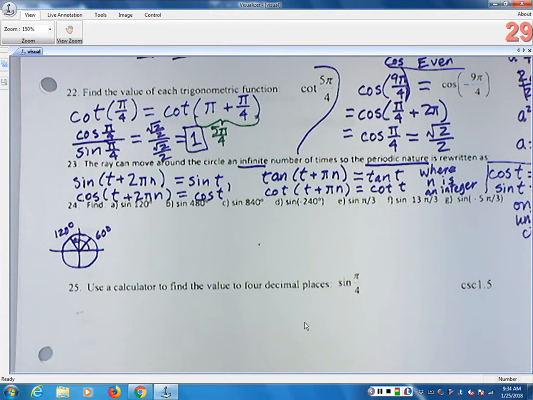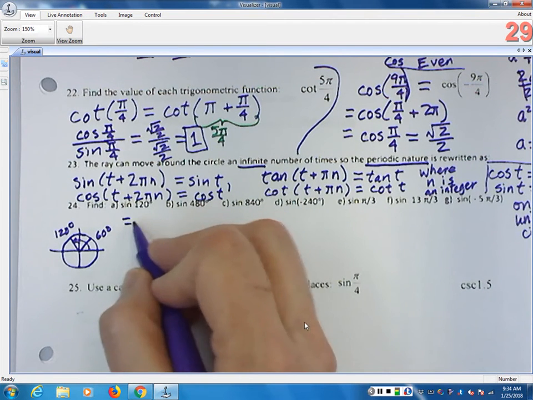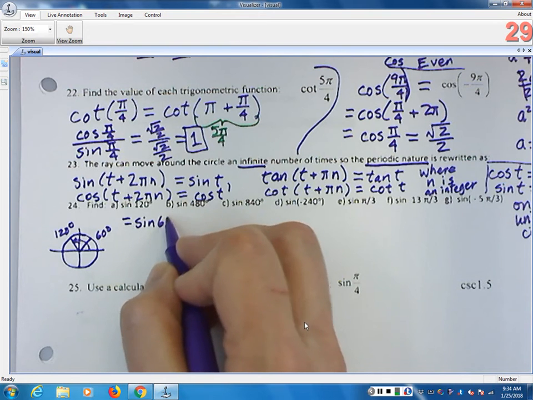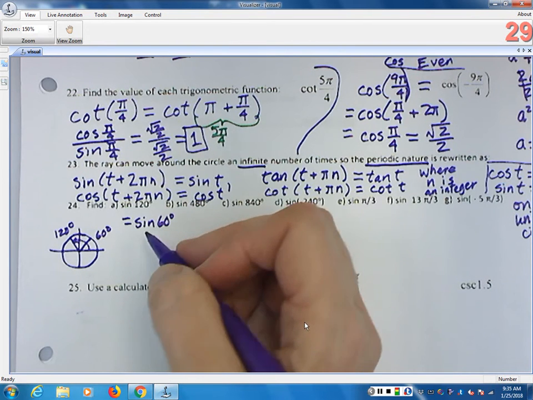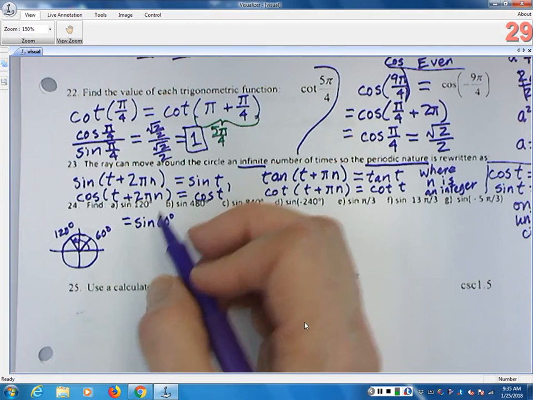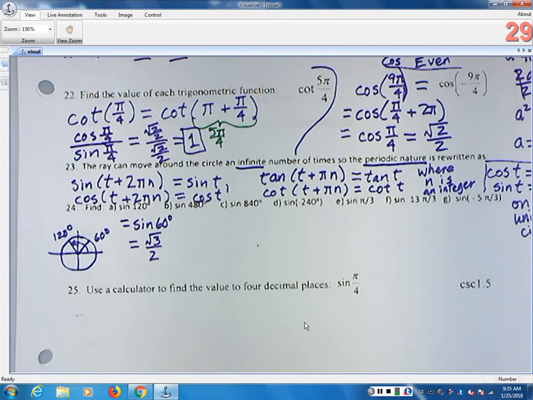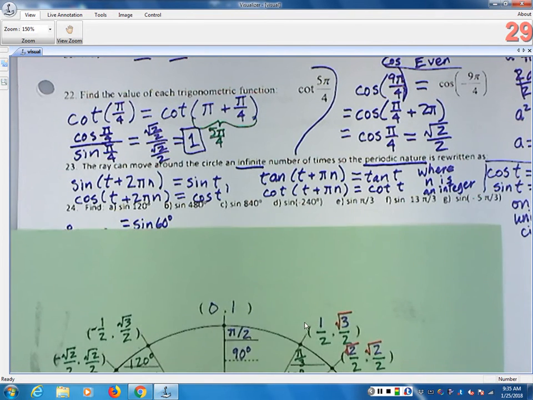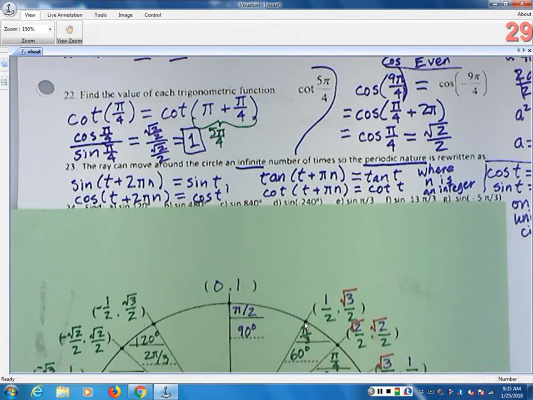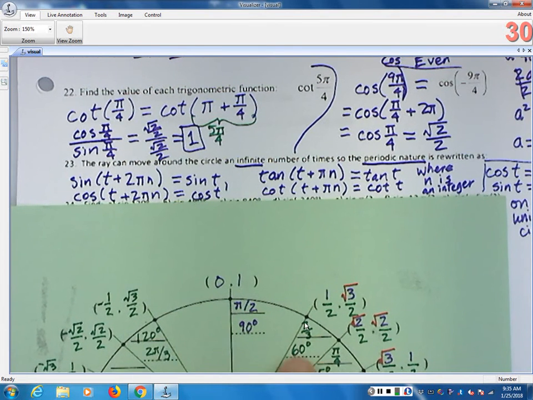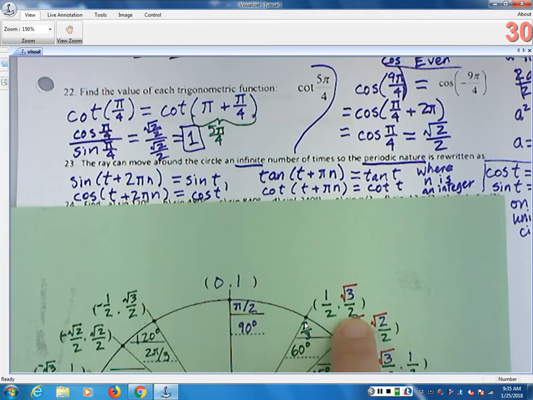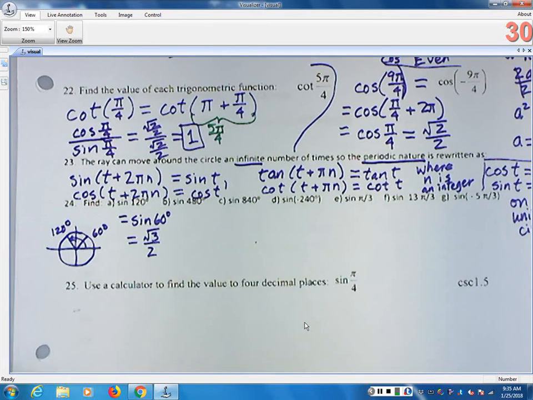So from the picture, sine of 120 degrees is just sine of 60. Sine of 60 degrees from our unit circle is square root of 3 over 2. We'll be showing you how to find those with the triangle too. But yeah, that was 120, 60. Sine is positive in this quadrant, and positive in this quadrant.